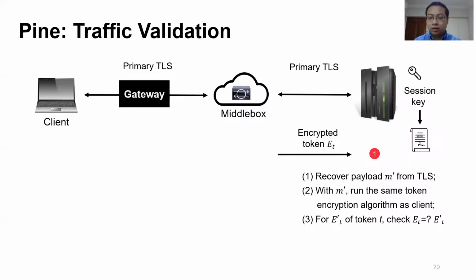In particular, the server will decrypt the message received from the regular TLS connection and then tokenize it and compute the same as the token encryption used by the client to obtain ePRIT, and finally compare whether it equals ET. If not, it will drop the connection.